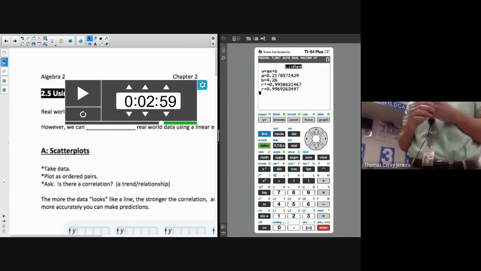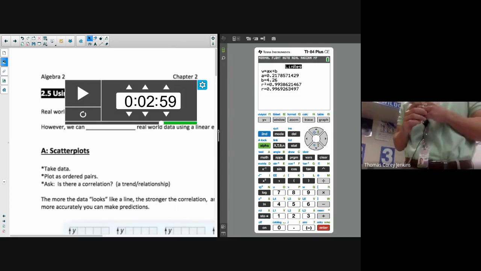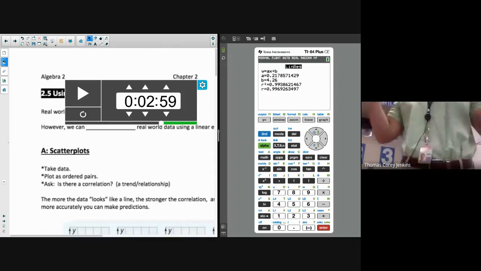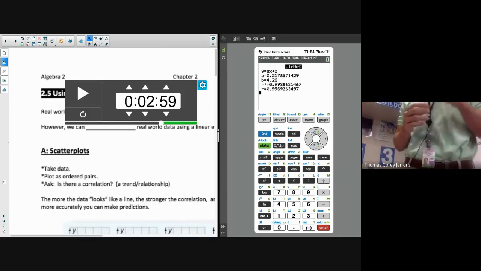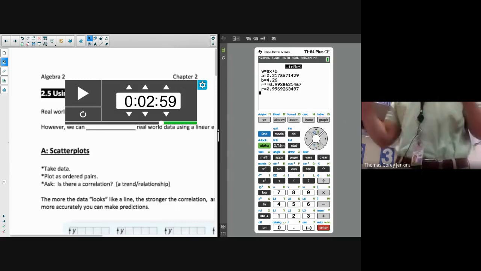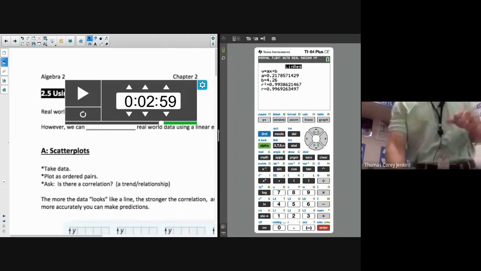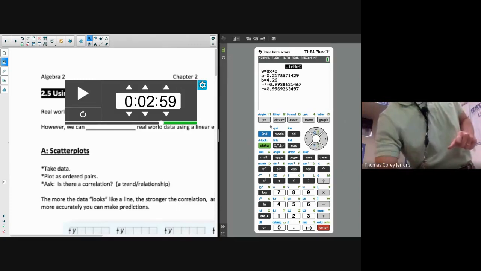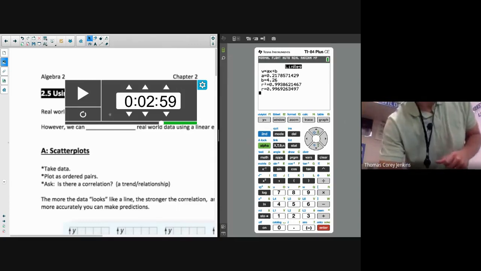So if you have a TI-83 or 84, get that out. We're going to practice using that today. If not, you're going to want to go to www.desmos.com. A lot of you guys are probably familiar with that, but if not, type that in.